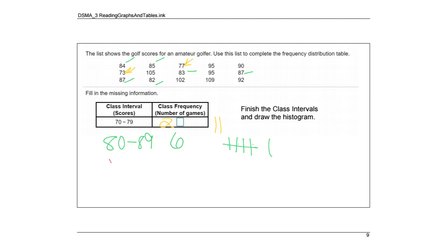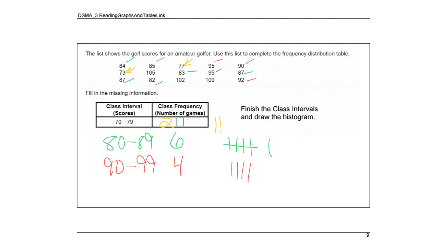All right, let's do 90. All right, so I have 95. I have 90. I have 95 and 92. All right, so that means I only have 4.